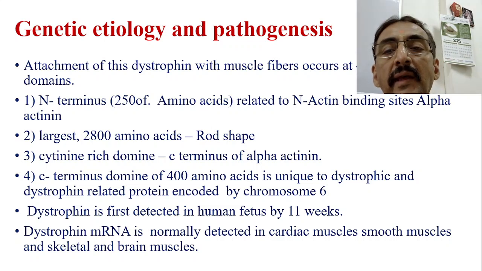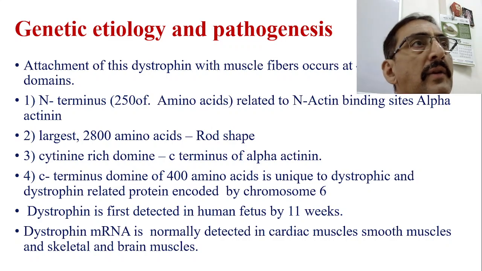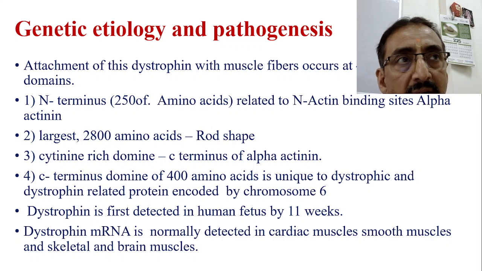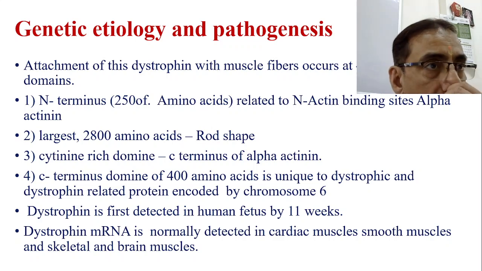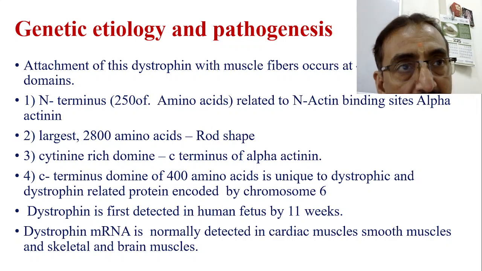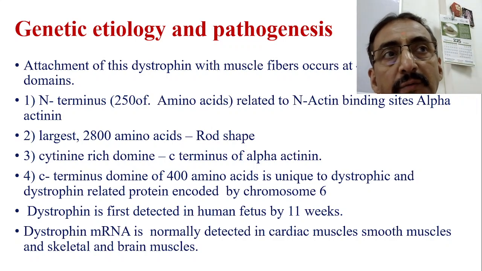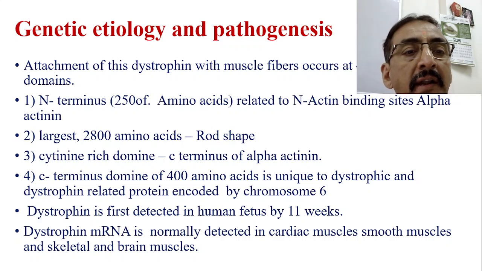There are also actin binding sites. So like this, at 4 areas, from the extramuscular side, that means from the vascular side, it is attached to the muscles in these 4 areas, like N terminus, cysteine rich domain, C terminus, etc.